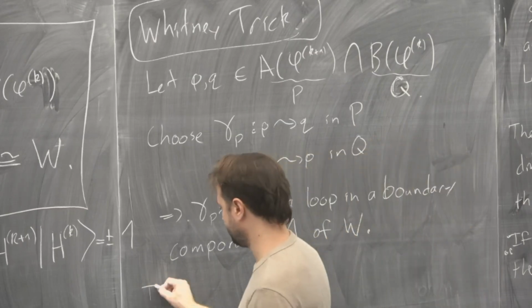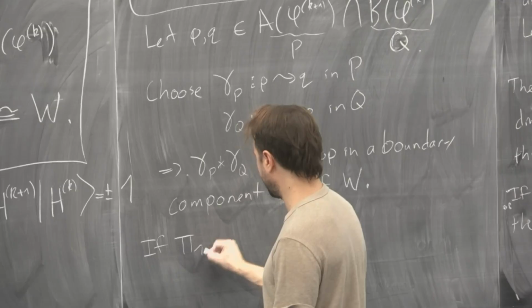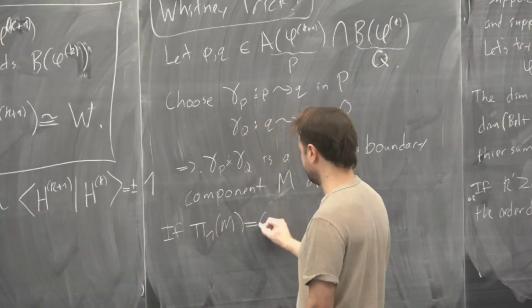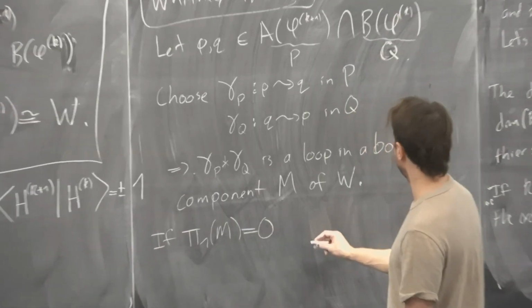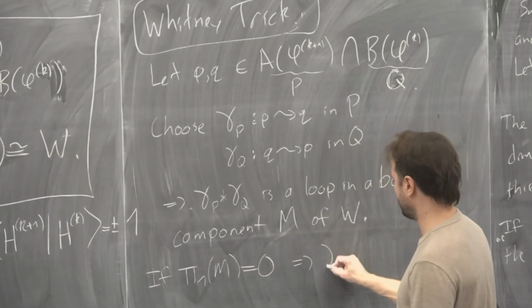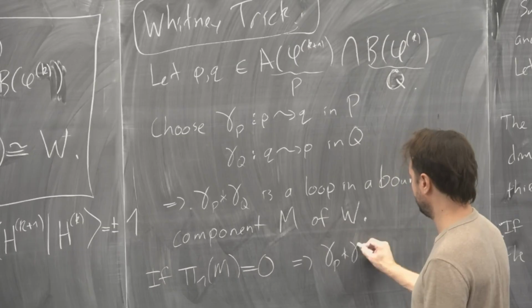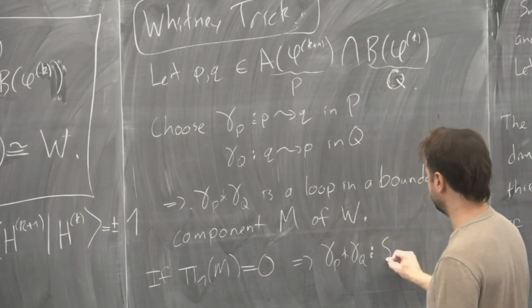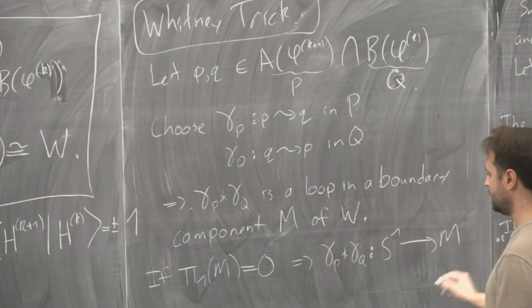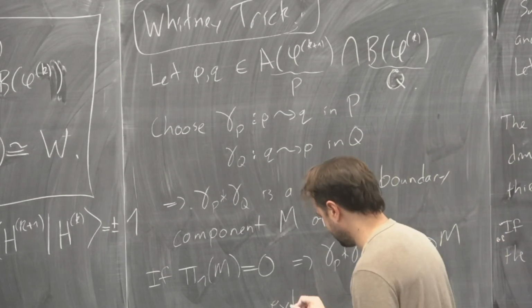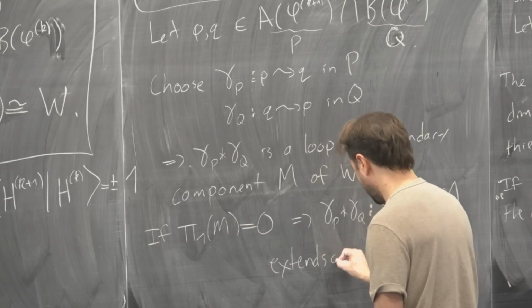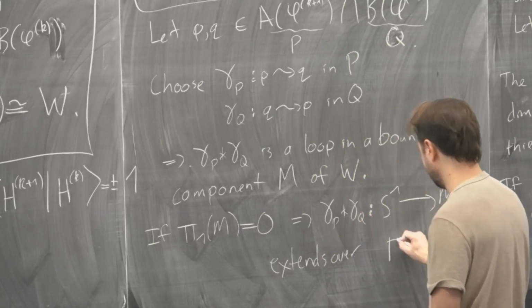So if the fundamental group of N is 0, this means that if we consider this loop as a map from the circle into N, this extends over a disk.